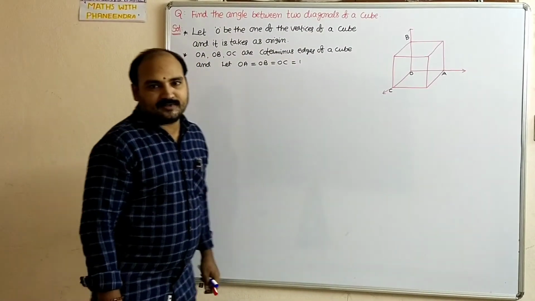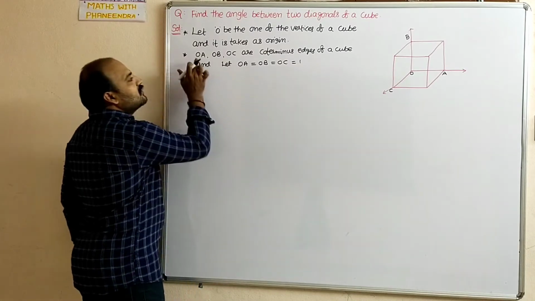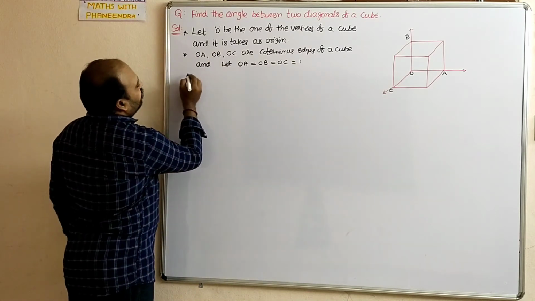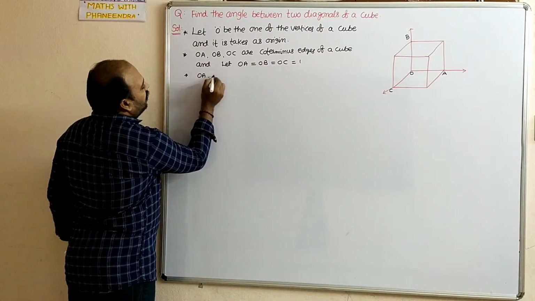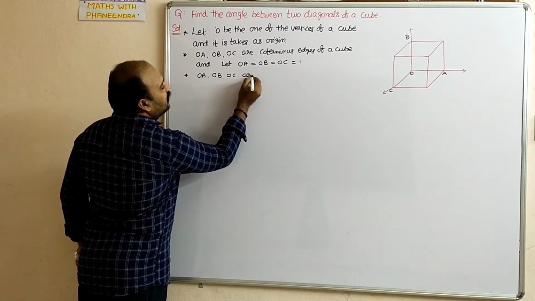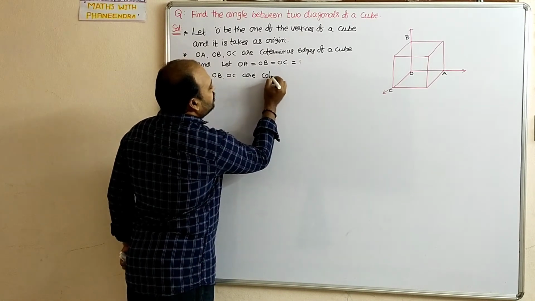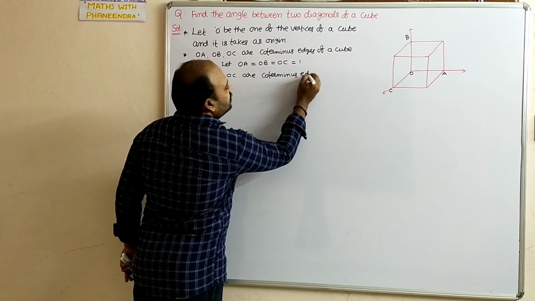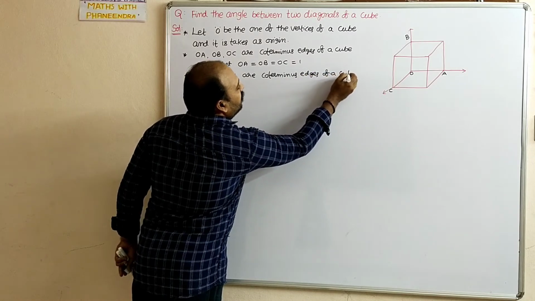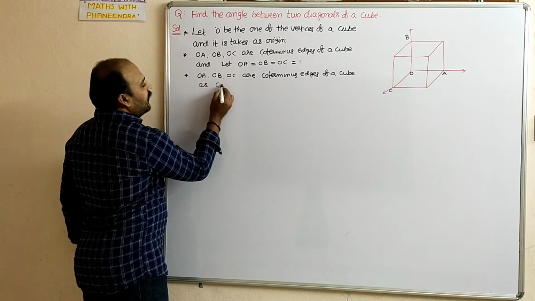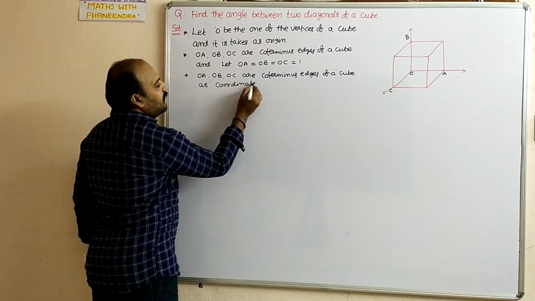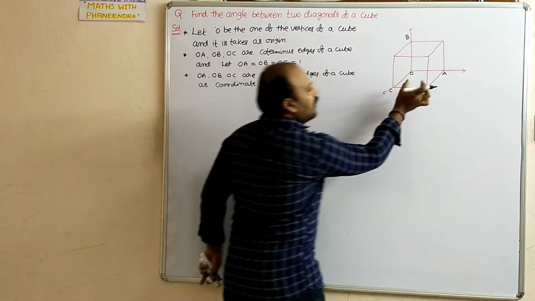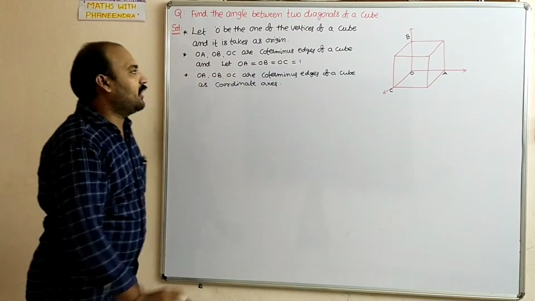After taking these values, by observing the figure, we are considering OA, OB, OC, the coterminous edges of a cube, as coordinate axes. OA, OB, OC, each is 1 unit.